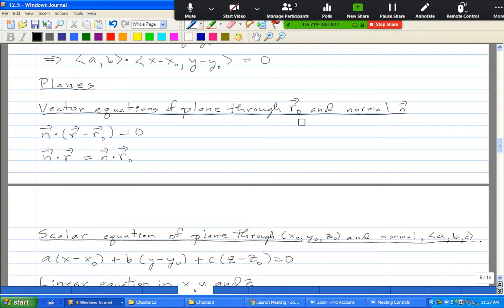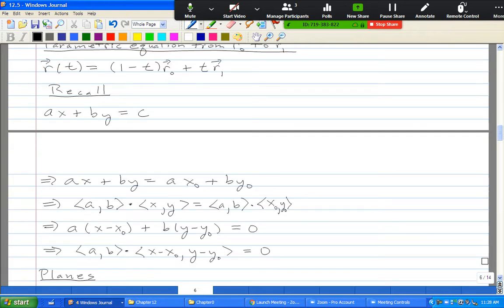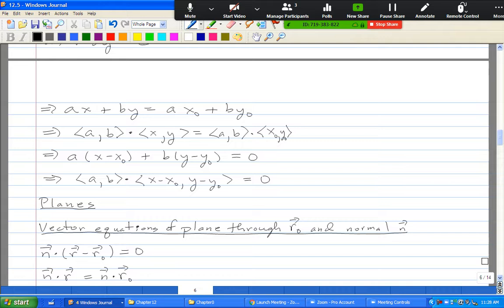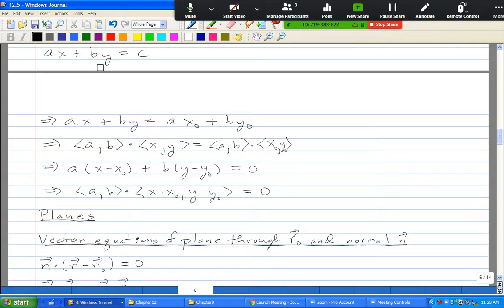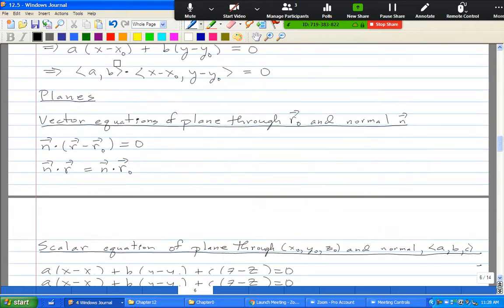And lastly, the scalar equation of the plane through the point x0, y0, z0, and a normal vector a, b, c. Well, this is very similar to what I would have written, ax plus by plus cz equal to 0.